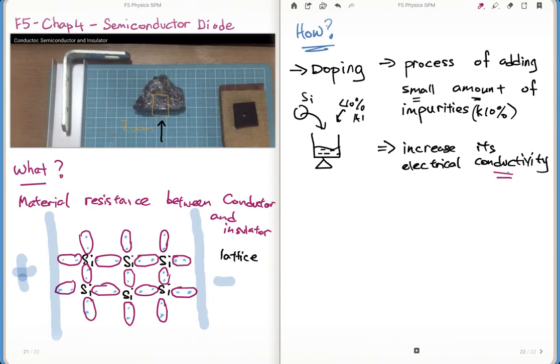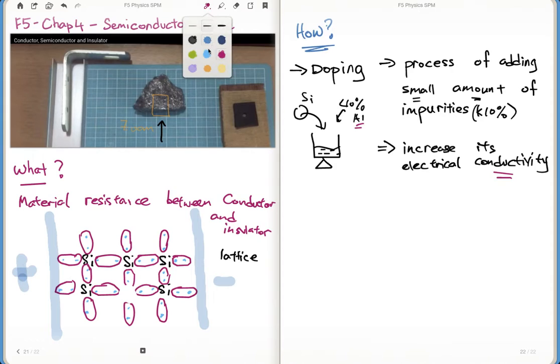Then, when you add in a small amount of material, how is it possible that it would actually conduct? It's like this. What happened when you dope this material with aluminium? One of the electrons would be lost. This is no longer silicon. Because remember, you melt them, then you add aluminium.